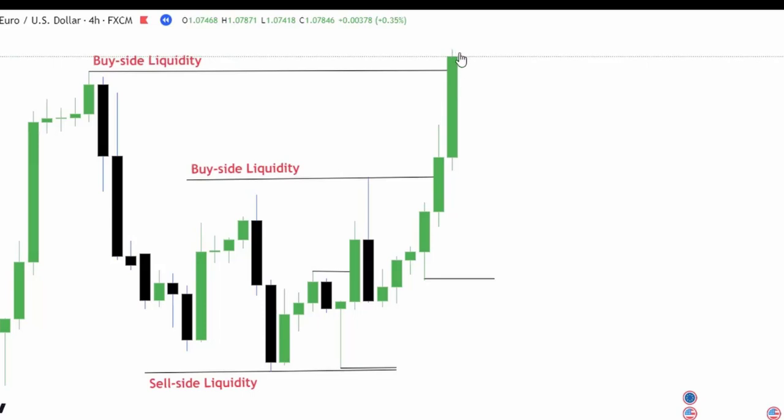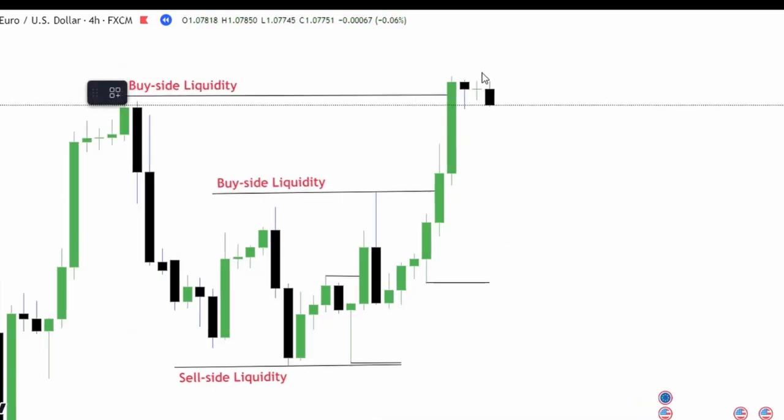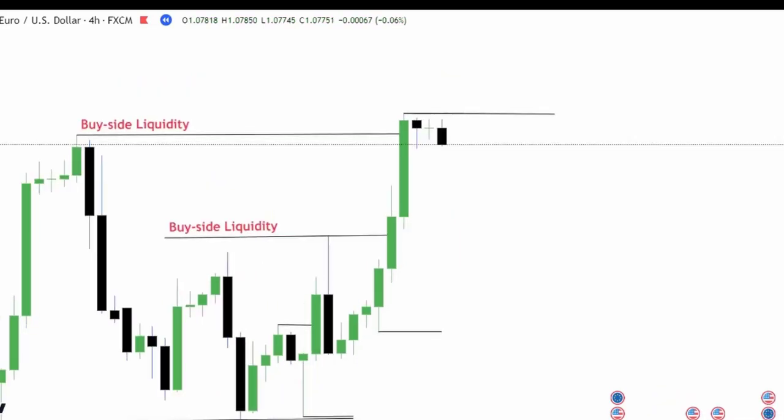And if you look closely, we have another high being created. We are yet to confirm if we should call this our buy-side liquidity. As you can see, it continues, and we can easily say that this is our buy-side liquidity.